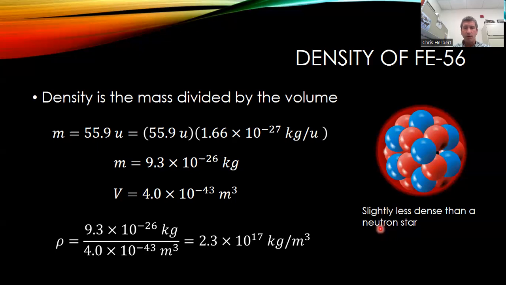Now, the reason a neutron star is slightly more dense than the nucleus of an atom is that in the nucleus, the confining force is the strong force pulling everything together. With a neutron star, you have a strong force causing an interaction between nucleons, but gravity becomes a very dominant force in that case.